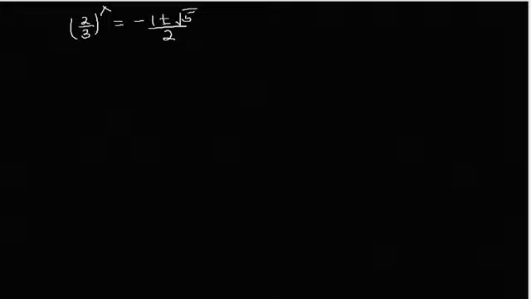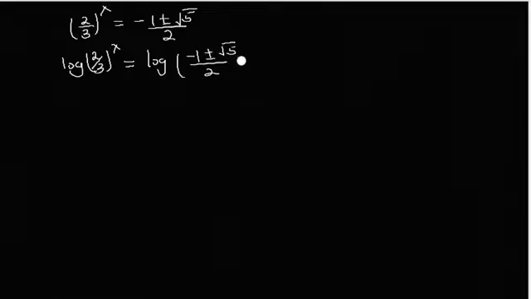Now, to be able to continue with this, we are going to have to take the logs of both sides. So we'll have log of (2/3)^x being equal to log of (-1 ± √5) / 2.